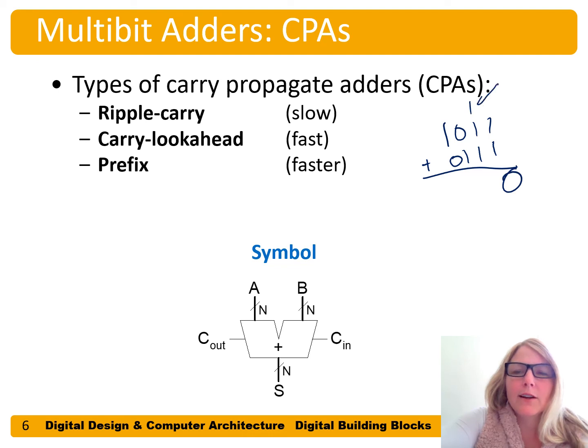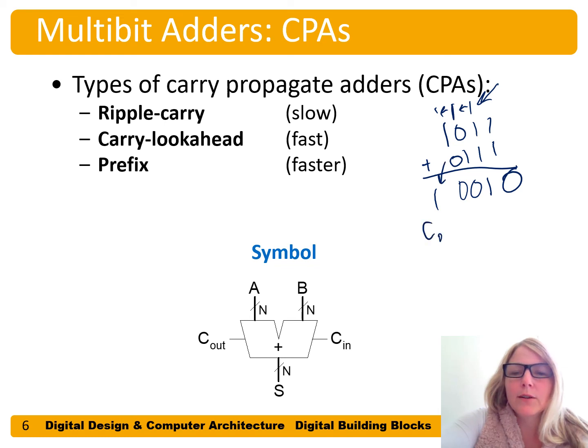So here's our carry, and that carry is going to propagate, or could propagate, from one column to the next. So 1 plus 1 plus 1, 3, which is 1, carry the 1. 2 is 0, carry the 1. 2 again, 0, carry the 1.